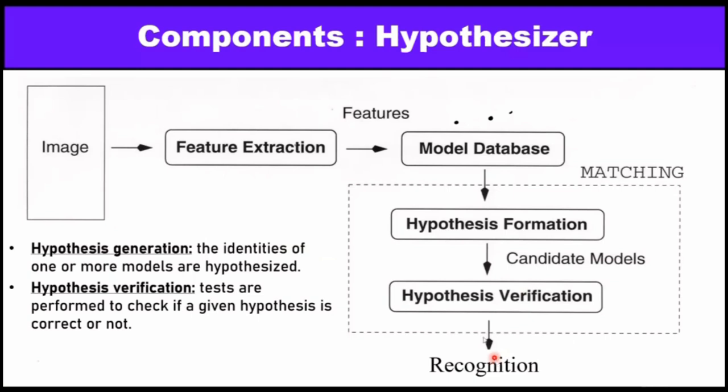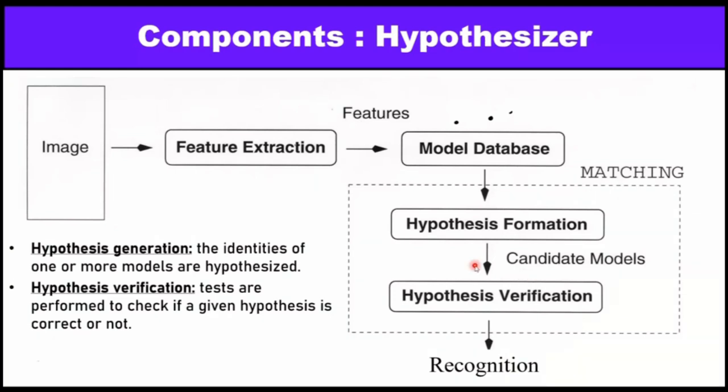This is how the hypothesis is formed and verified, that is, a guess is given, the guess is verified, and it is checked whether the guess is correct or not. This type of process is called matching.